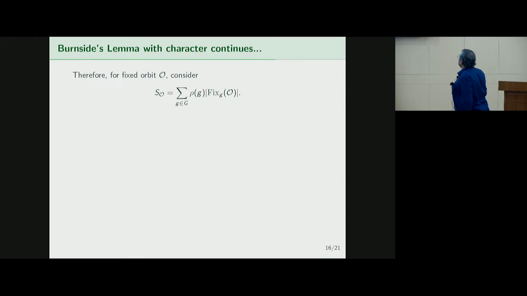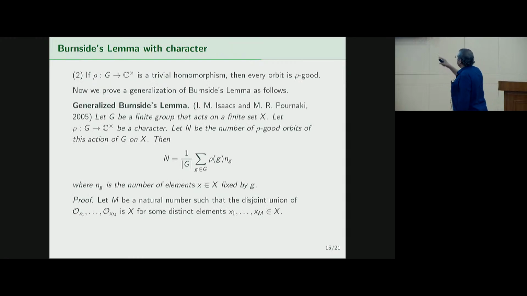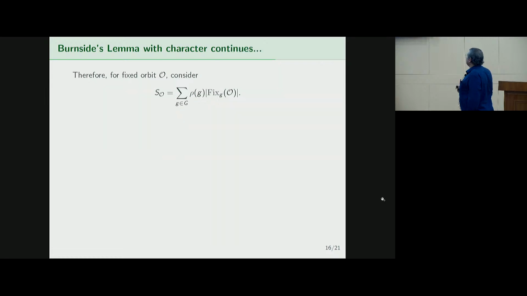What we have to count, among that number, are the rho good orbits, and we want this formula. So we start with a general orbit and try to compute a counting function for rho good orbits. Then we sum it over all the orbits, and we will get that.